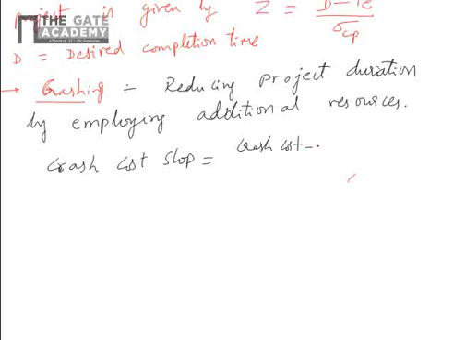Crash cost slope equal to crash cost minus normal cost by normal time minus crash time.